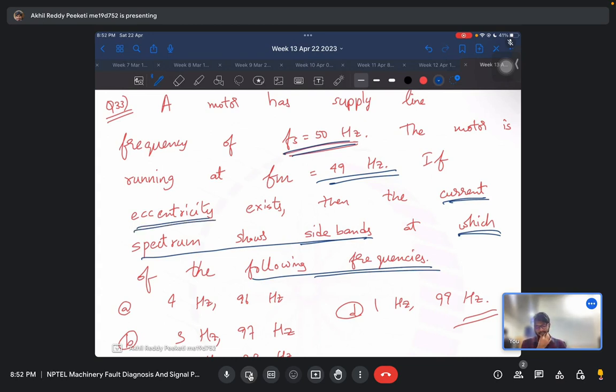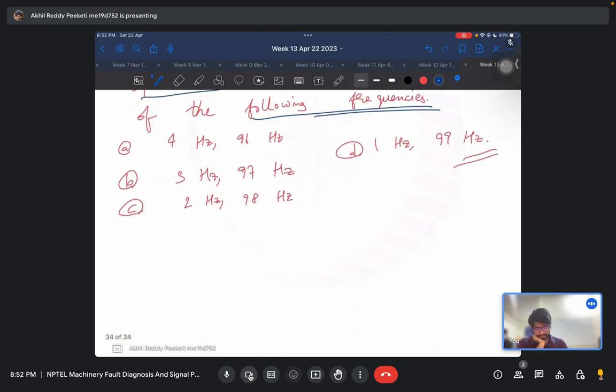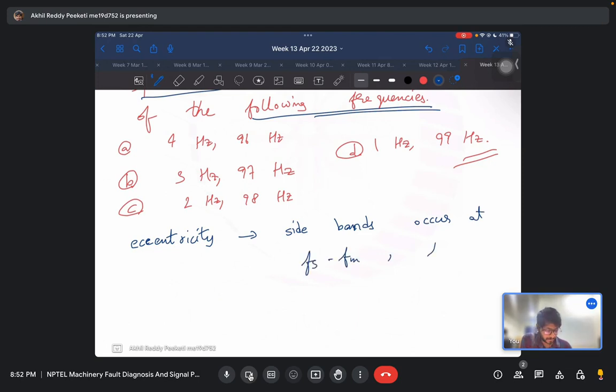At eccentricity, the side bands usually occur at Fs minus Fm and Fs plus Fm frequencies.